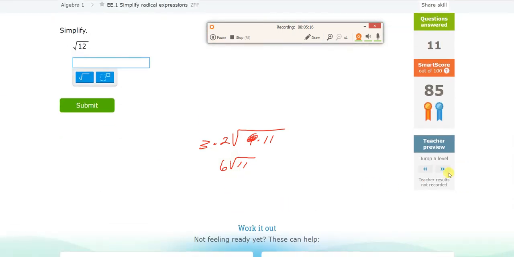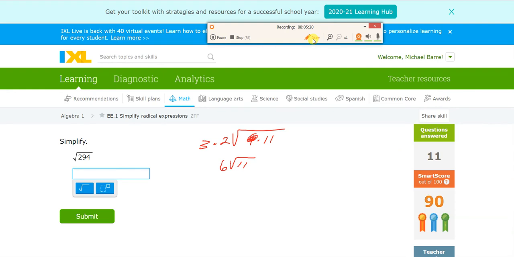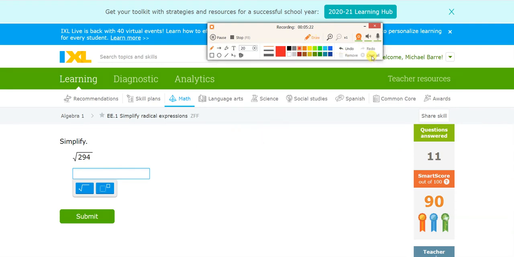And let's jump a level. Challenge zone. Just bigger numbers. Okay, 294. I don't know. What goes in? 2 definitely goes into 294, right? So 2 times 147.